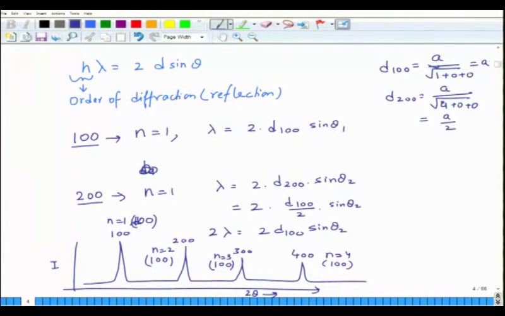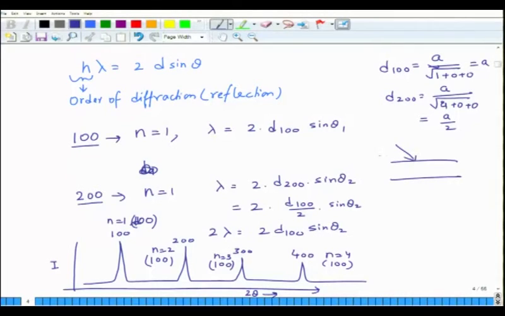Okay. Basically, the order of reflection, the same plane can give you diffraction peaks at different angles. So, there may be no atom sitting at 100, 200, 300 or 400, it is just that the wavelength is now diffracting in such a manner, so that first it was lambda, then it became 2 lambda, then it became 3 lambda, then it became 4 lambda.